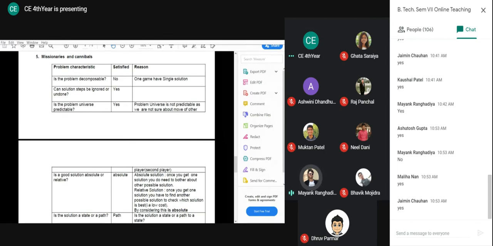Because if we are sending 2 cannibals, and what we are sending back, and what we are receiving back, it depends on the previous state. So it is not decomposable like that.